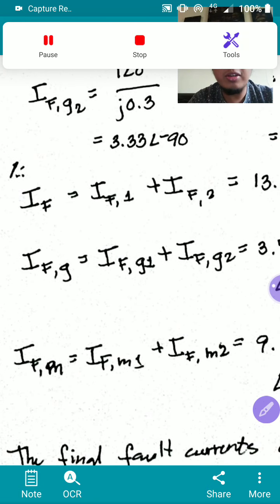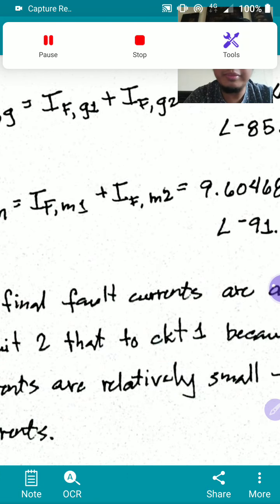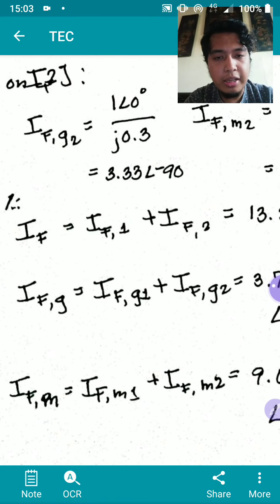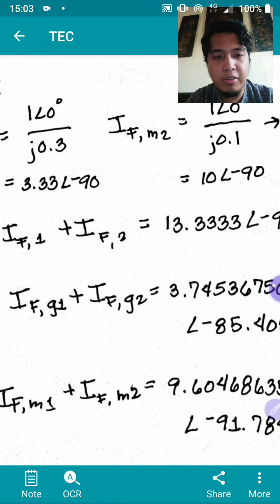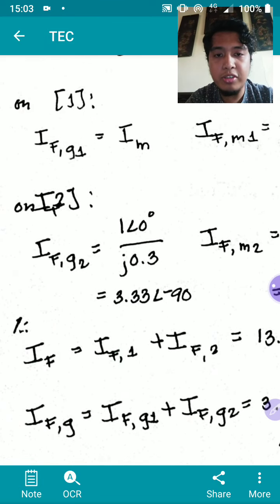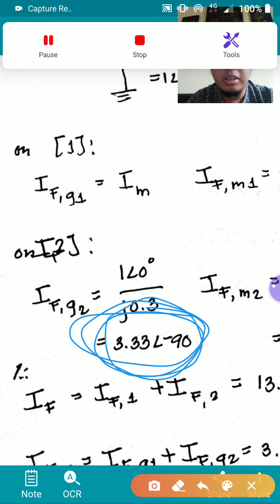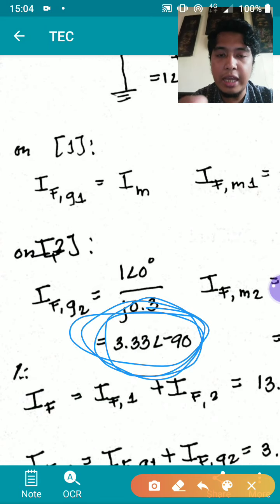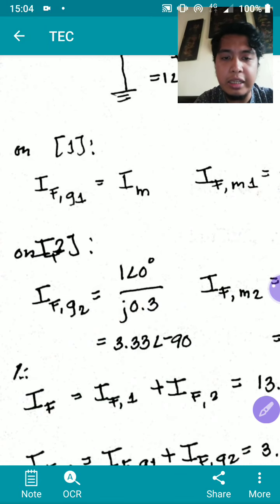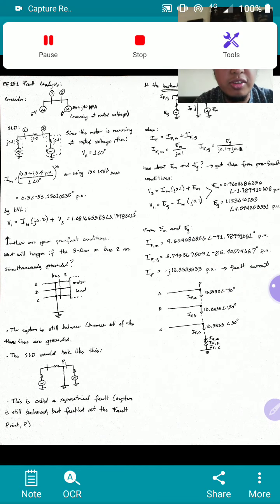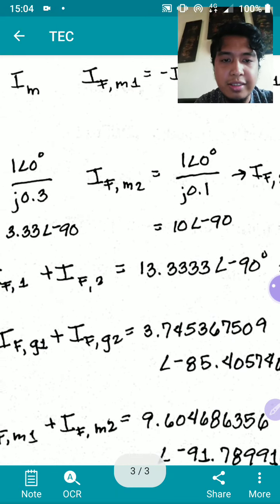However, if you look at the contributions from the generator and the motor, the total generator contribution is 3.74 angle negative 85 versus 13.33 angle negative 90 if you just consider G2. If you consider G1, it's actually IM, which is 0.5 angle, what is that angle? Negative 53.